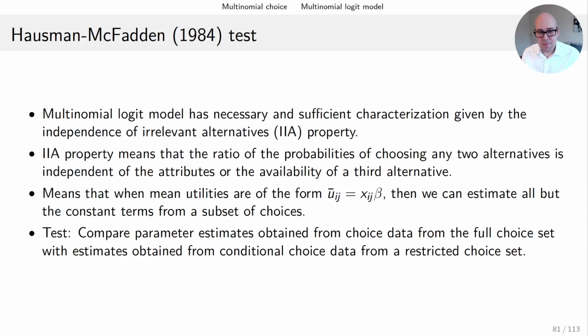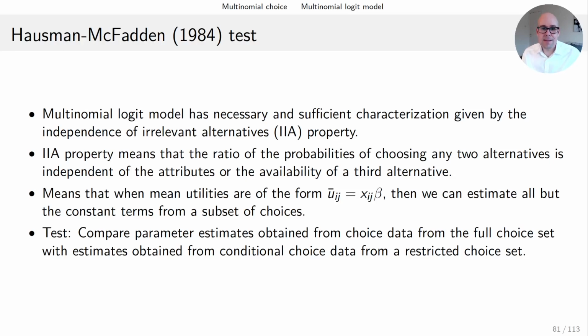Okay, so it turns out that the multinomial logit model, as we have seen it, has a necessary and sufficient characterization given by the independence of irrelevant alternatives property. Okay, so this is the property that McFadden alluded to on the previous slide in this quote.